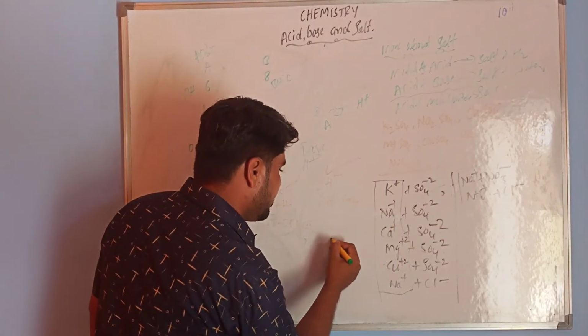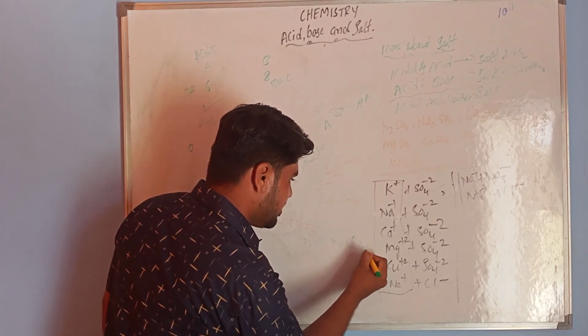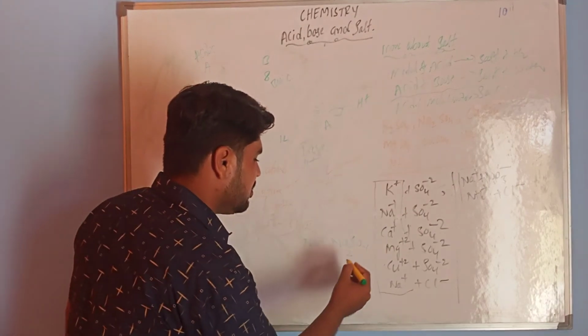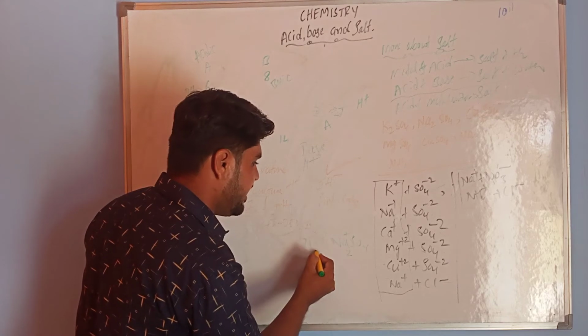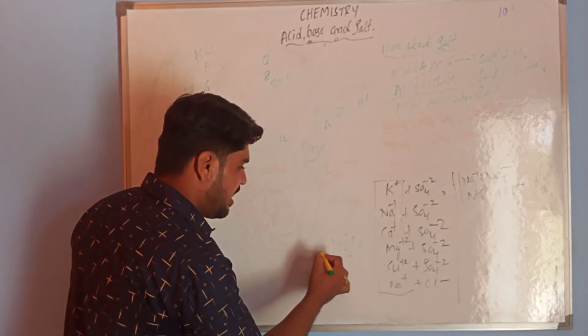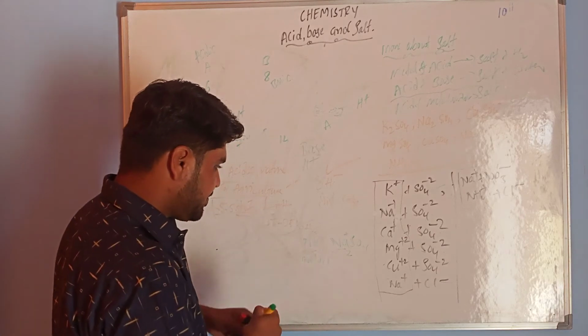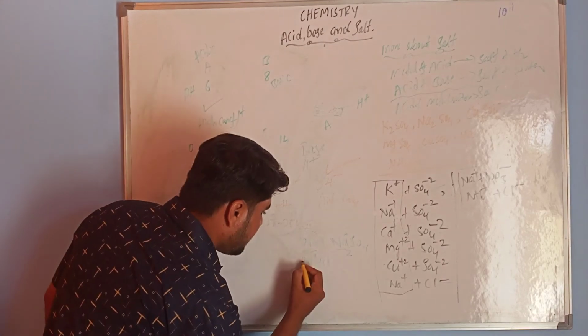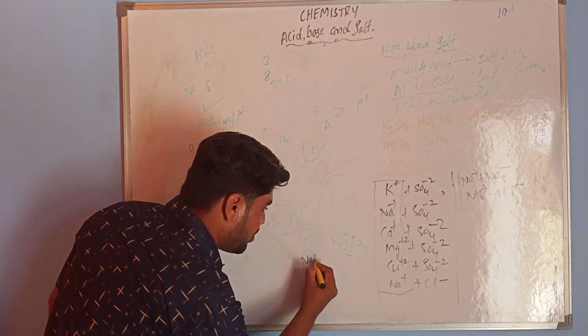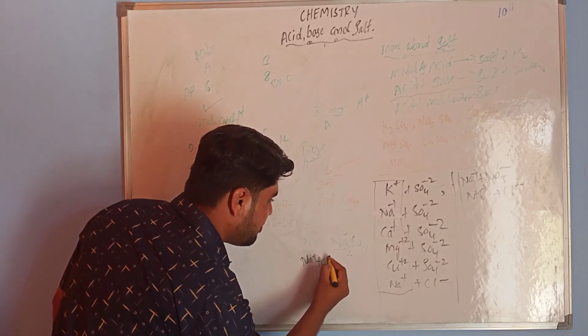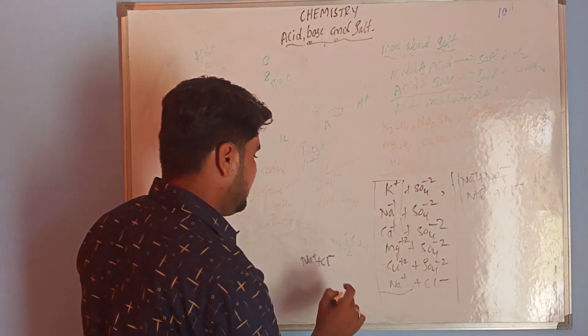On decomposition, NaCl gives sodium ion and chloride ion.